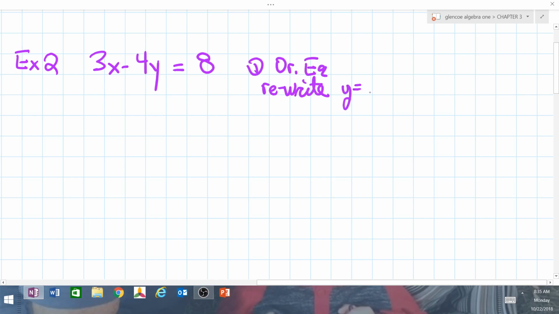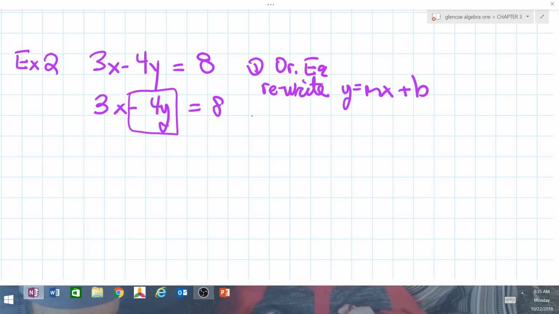Y equals mx plus b. So the first thing I'm going to do is put a box around -4y because ultimately I want y all by itself on the left-hand side of the equation. So what do I have to do to each side of this equation to accomplish this?